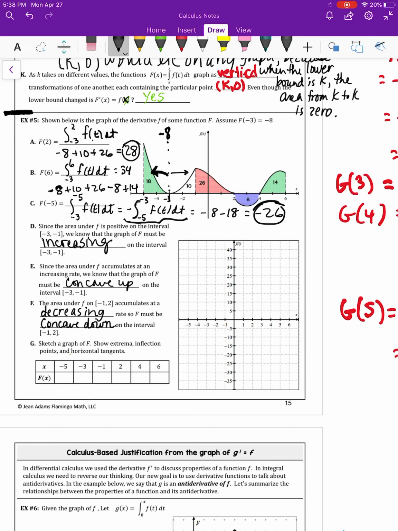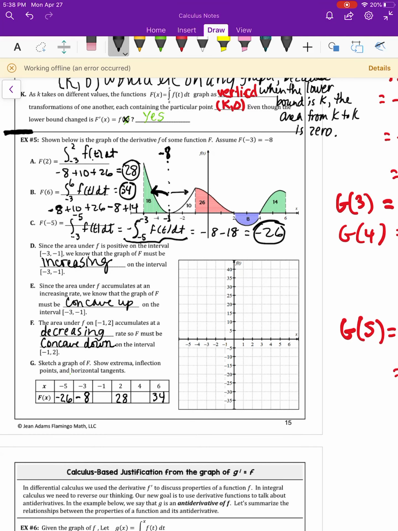And then sketch a graph of capital F, show extrema, inflection points, and horizontal tangents. All right, so we already said that F of 2 was 28. We said that F of 6 was 34. We said that F of negative 5 was negative 26. And F of negative 3, they had given us, was negative 8.